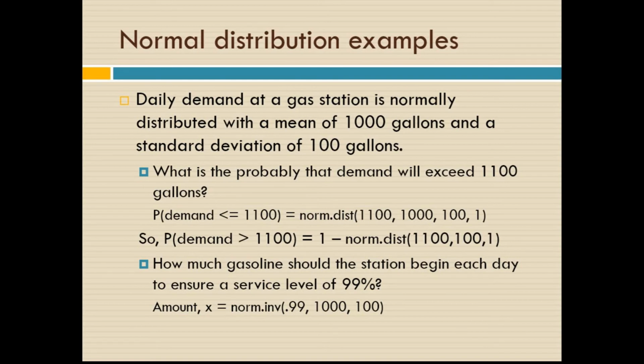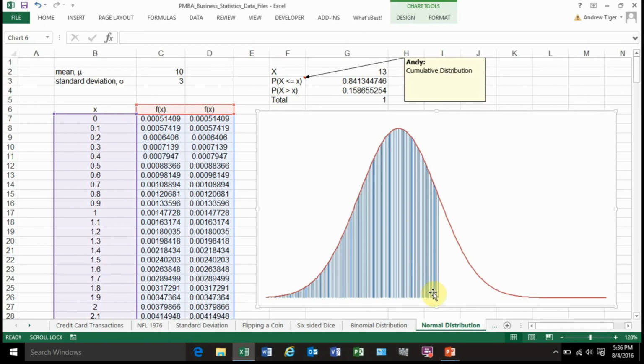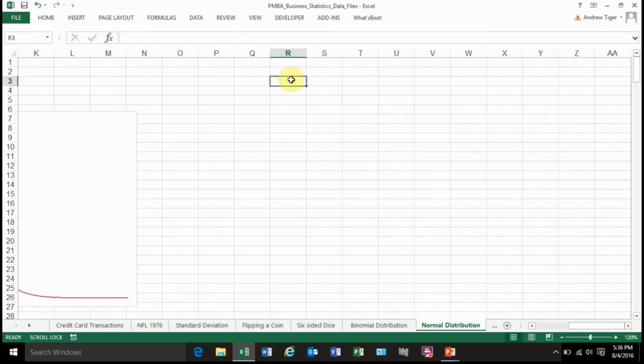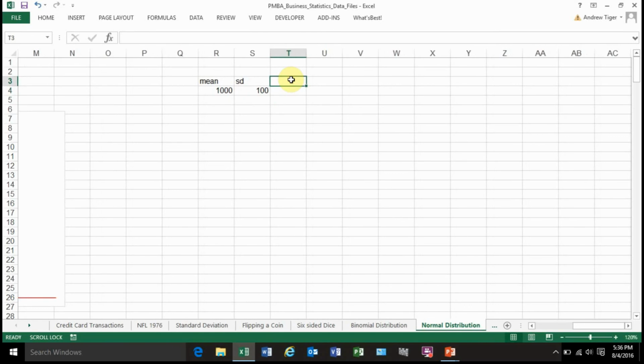Well, let's go over into Excel and solve that problem. I'm just going to go over to the right a little bit. Here's my mean, it's 1,000. And here's my standard deviation, 100. And this is x, 1,100.